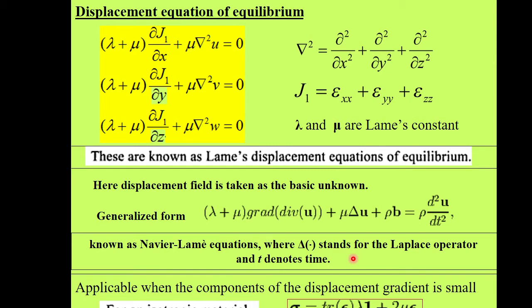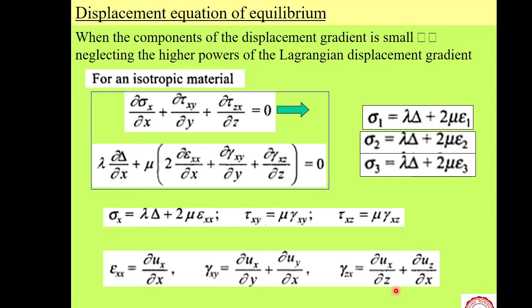So this is the complete equation of equilibrium in terms of the displacement field. But there are some limitations. They are applicable when the components of the displacement gradient are small. Why is this true? Because we have used linear expressions.